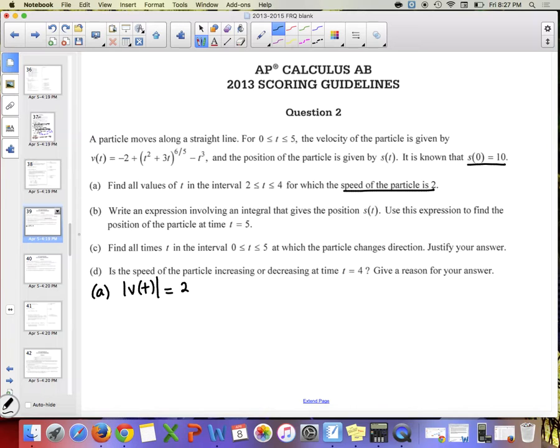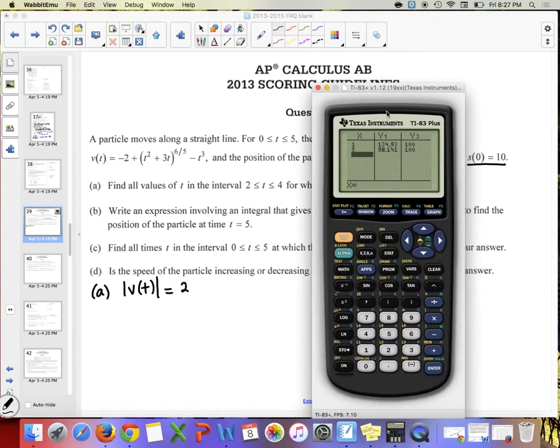I've already put into my calculator my velocity function. Okay, but I haven't put absolute values around it. So I could easily do second insert, math, absolute values, so go over to number, absolute value, and then I could end the parenthesis down here, like that.